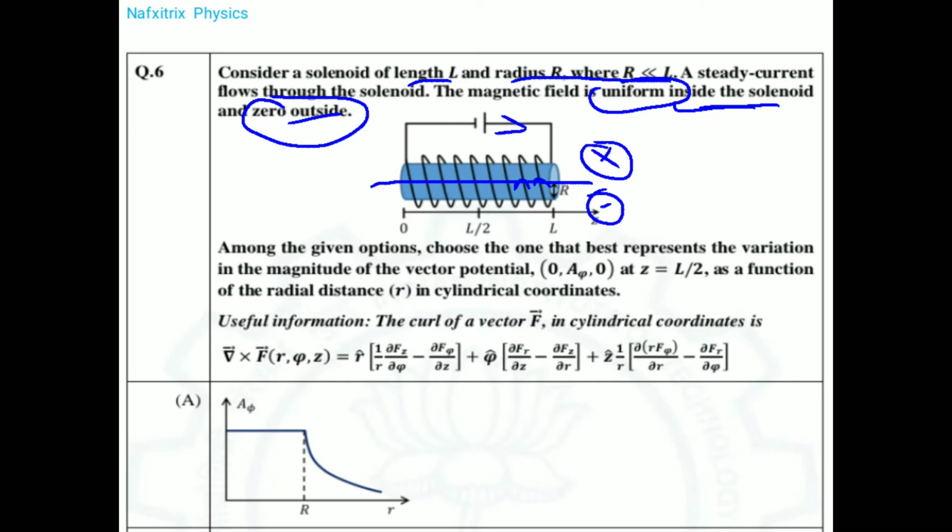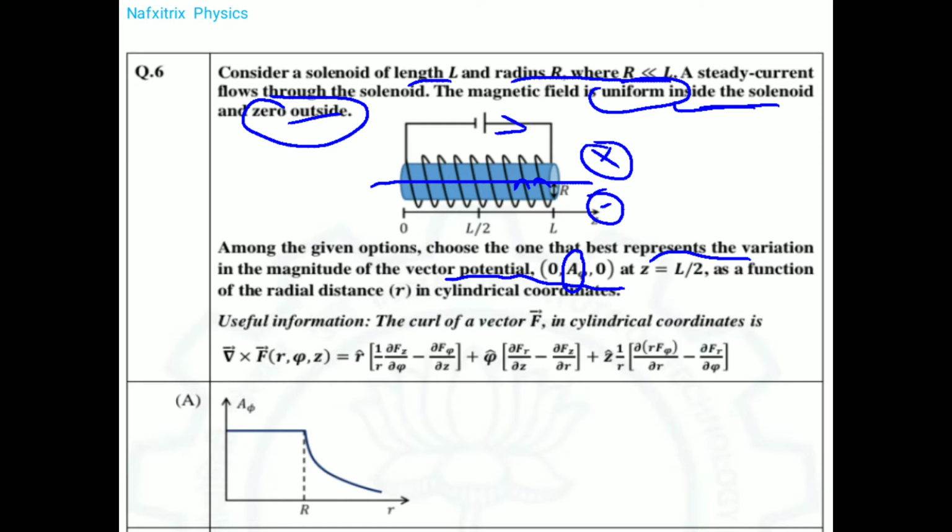Next, among the given options, choose the one that best represents the variation in the magnitude of vector potential. So they have given vector potential, and here you can see only the phi component of vector potential, in the phi direction, is there. In the radial direction and z direction there is no vector potential.